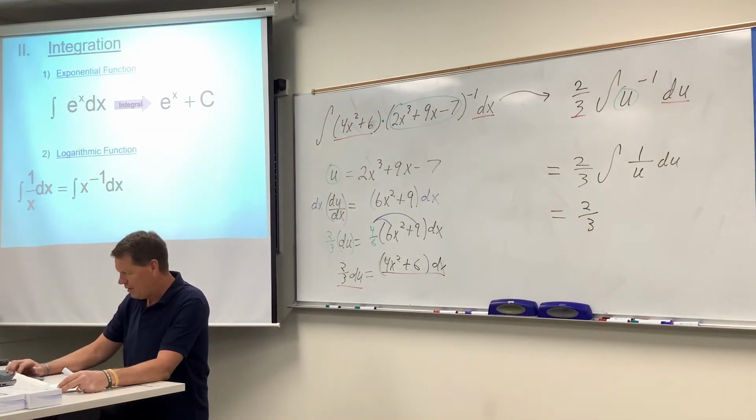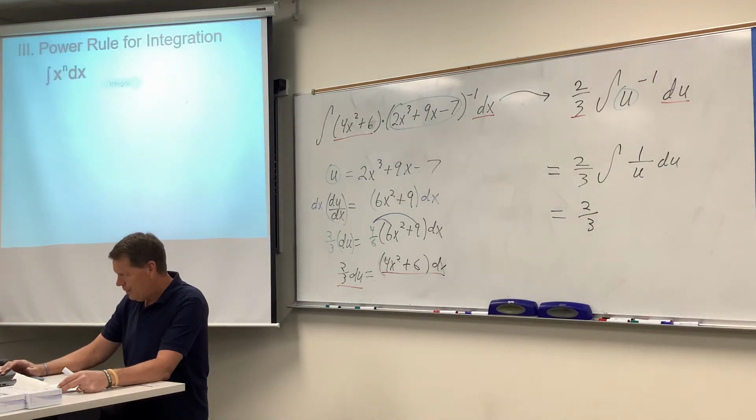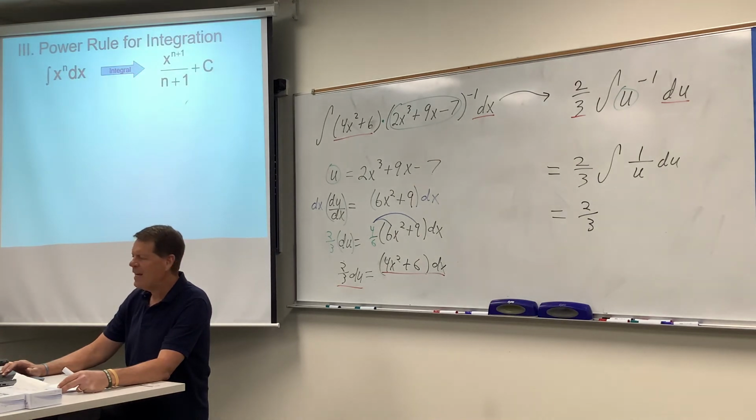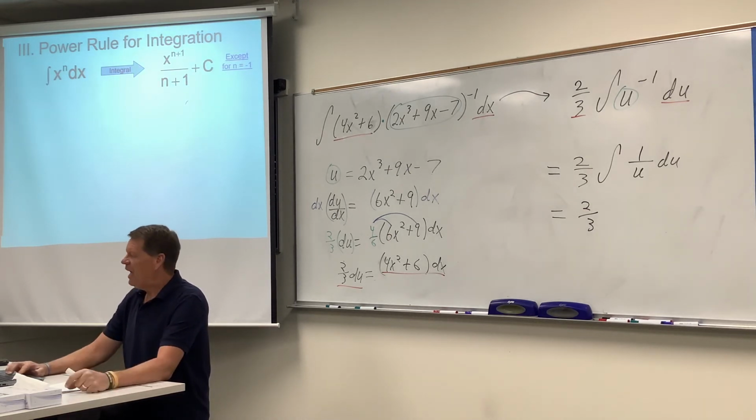I'll take you back to the day when we did the power rule, n plus 1, n plus 1. Didn't we say that if the n is negative 1, then you're going to get division by 0? And that's the exception to the power rule.